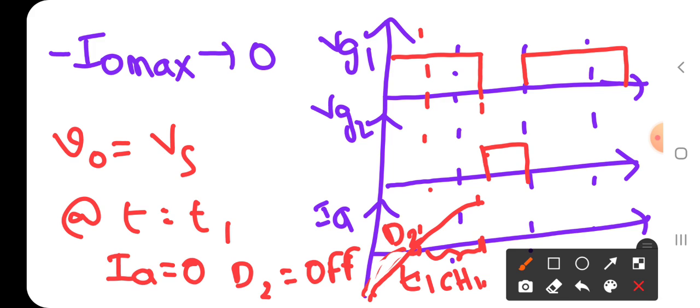That is, the inductor stores maximum energy in the forward direction and is ready to discharge its energy in the forward direction only.